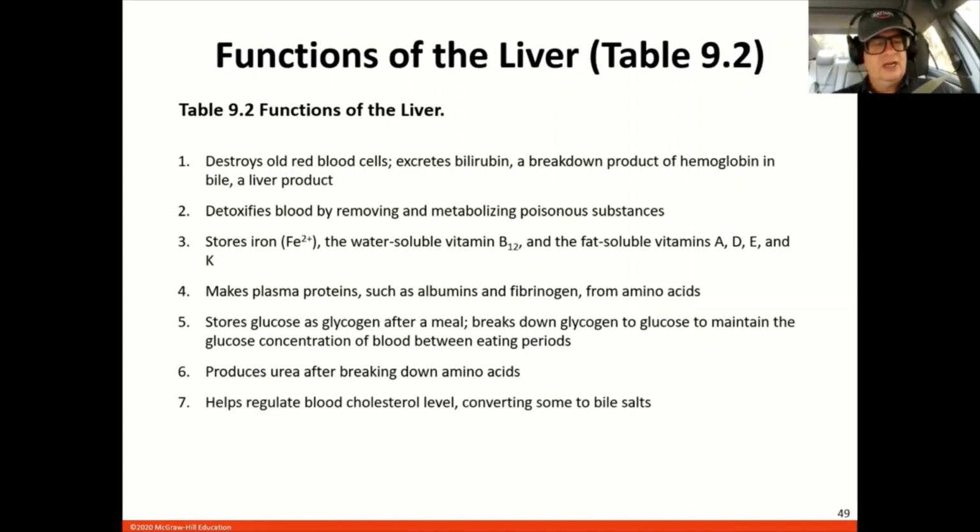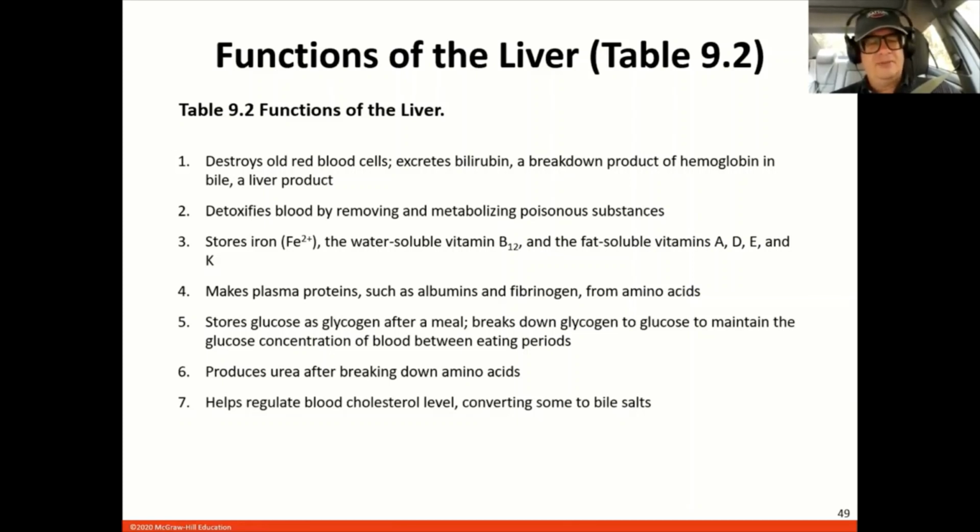All right, so albumins and fibrinogen are made in the liver. It will turn glucose into glycogen, and that glycogen is what will then store in muscles during carb loading. It produces urea after breaking down amino acids, and most of that will be removed in the urine by the kidneys.